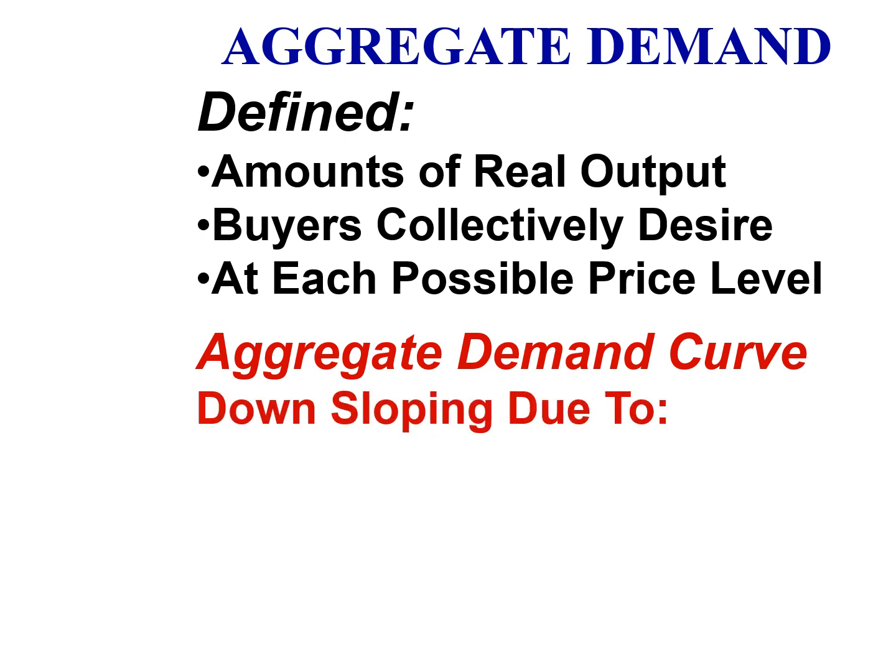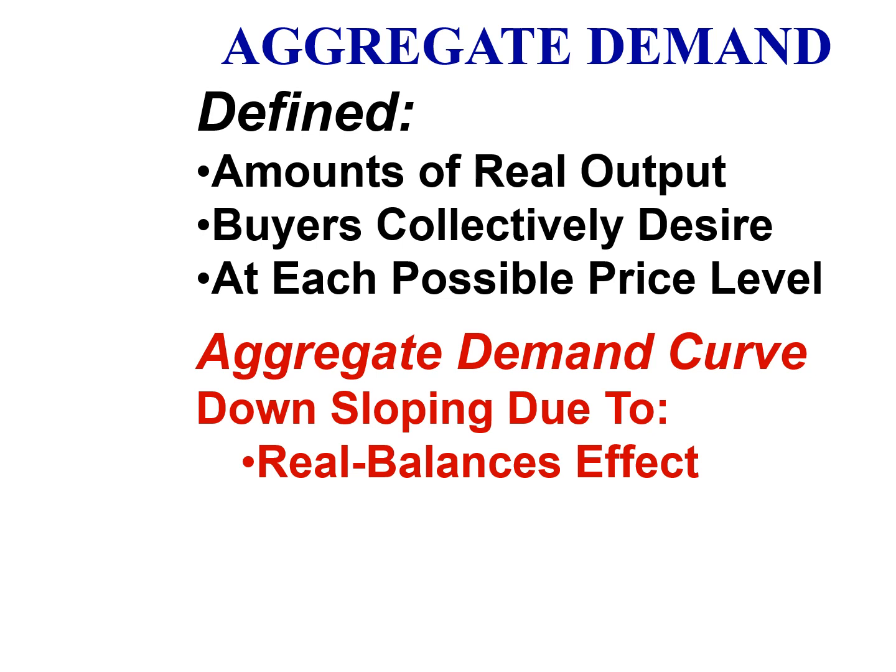First, the real balances effect. Imagine if someone gave you $100,000 and said, congratulations, this is all yours. Here's the bad news. You're not permitted to spend a nickel of it for an entire year. It must stay in a safe, in a place in your home that's hidden where no one can steal it from you. Now, what would be bad for you over the course of the next 365 days?